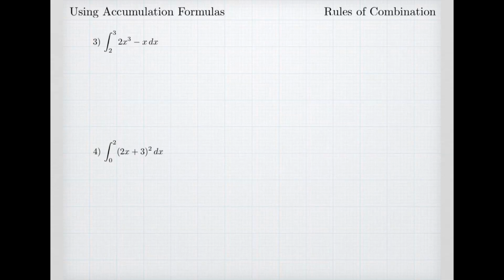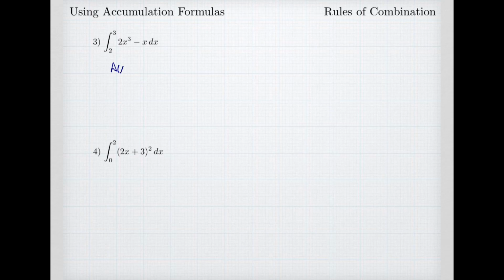So we've seen that the accumulation function for an integral can be written with the sum and constant multiple rule as the sum or multiple of the accumulation that we know inside. In this next problem, I can see that my rate is 2x cubed minus x, and so I can start to write down my accumulation that belongs to that.